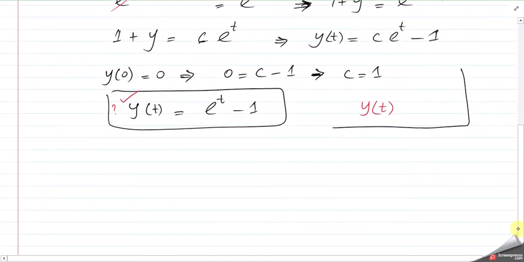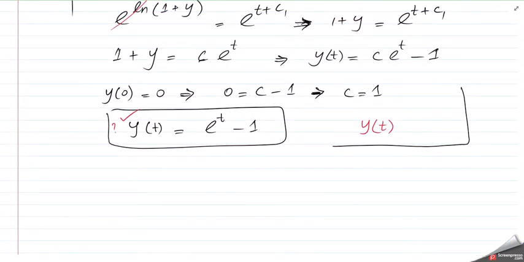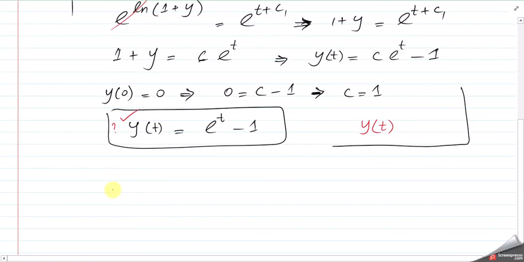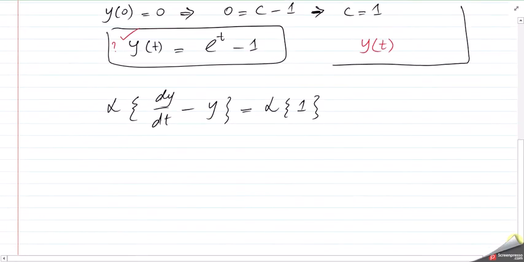When we take Laplace transform of the same equation, what happens? Let's say we take Laplace transform of the equation dy over dt minus y. Of course, you cannot take Laplace transform only on one side. We have to take Laplace transform on both the sides.